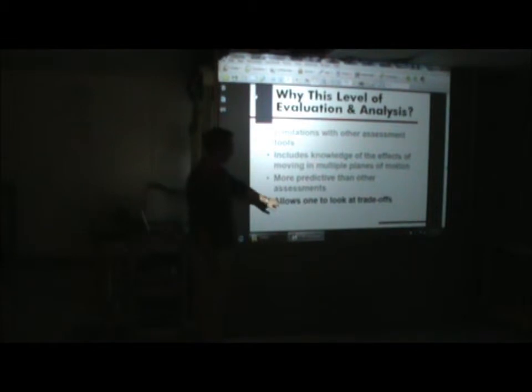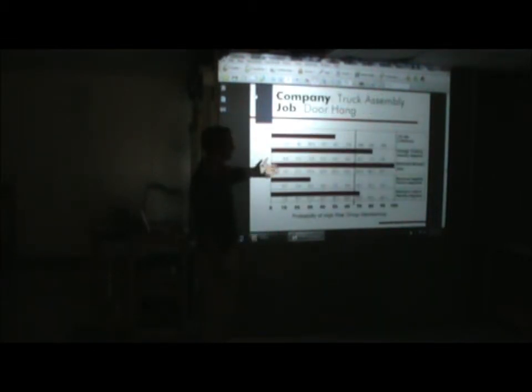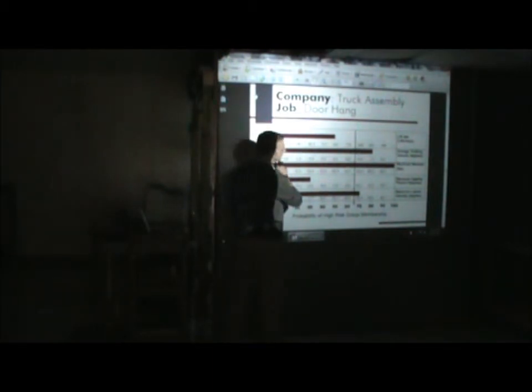All right? And it also allows one to look at trade-offs. An example. This is the output for the LBD risk model. Just one example, it's a truck assembly, a door hanging job. So they're lifting a door. You can see the 5 outputs, and these are all essentially weighted.